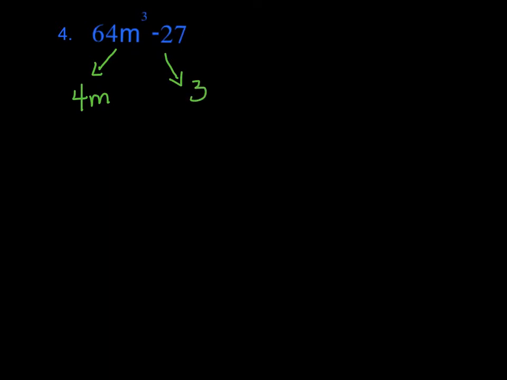All right, so let's just kind of revisit the formula that we're going to use. The formula is going to be x minus y, and then x squared. Now, since we have a minus sign here, remember, in the second set of parentheses, we're going to change that.